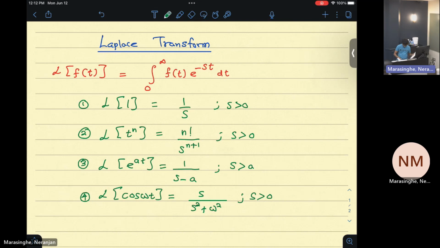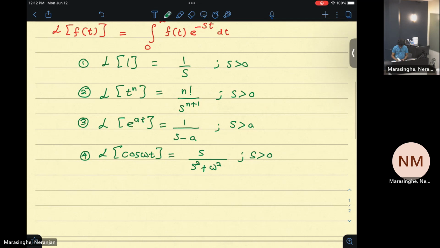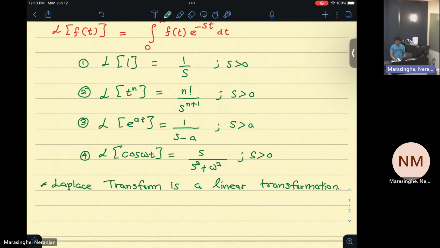And also I discussed the linearity. Then we proved that the Laplace transform is a linear transformation. That means this operator L would satisfy two conditions.